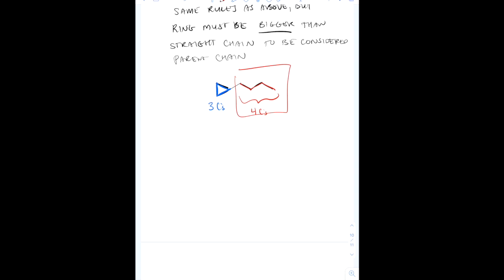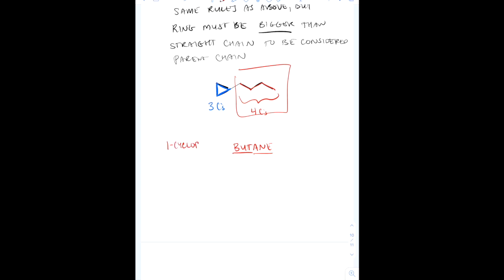So let's go ahead and name that while we're at it. Okay, so this is 1, 2, 3, 4. That means that it's a butane. So there's the parent chain as well as the suffix there, and then at the 1 position we have a cyclopropane. Okay, so it's 1 cyclo. Well, I definitely didn't give myself enough room there.